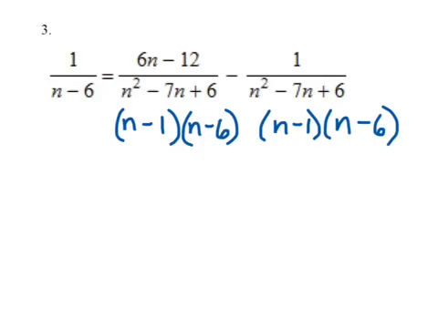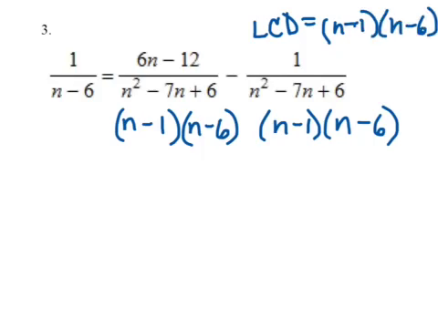So let's multiply the top and the bottom by the binomial that will create the LCD. Let's actually indicate the LCD right here. The least common denominator is going to be n minus 1 times an n minus 6. So we have to multiply the top and the bottom of this left fraction by an n minus 1.